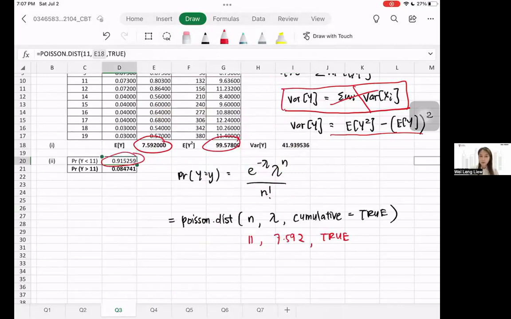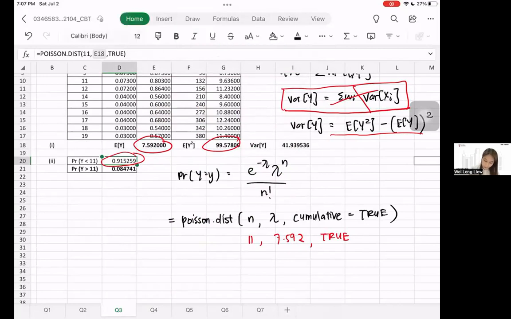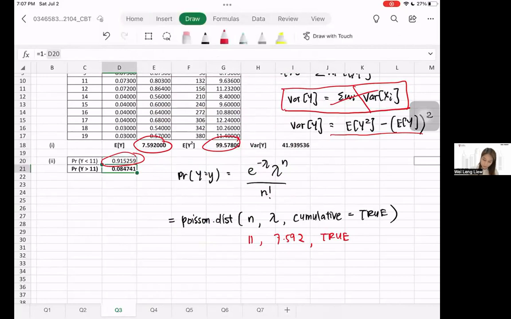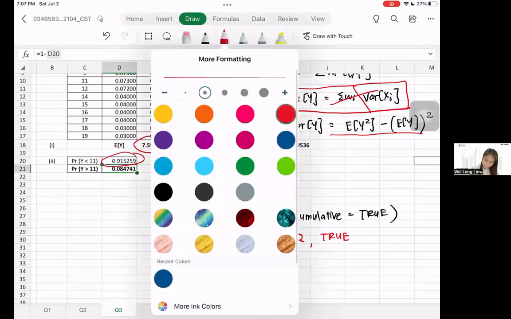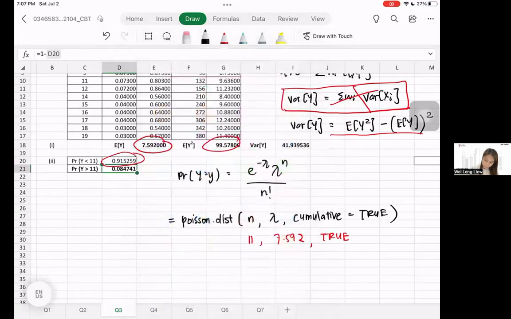Using this formula, we have gotten 0.915259. However, the region that we want is the probability of Y greater than 11. So how do we do this? We use 1 minus: the probability of Y greater than 11 equals 1 minus the probability of Y less than or equal to 11.